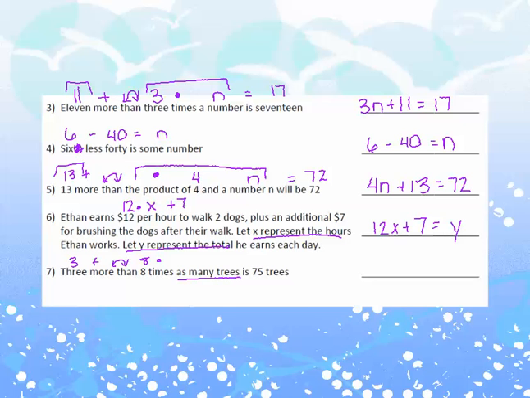Do we know how many trees? No, so we need a T. Is 75. Well, this is all one term here. This is a term. So that's what's getting switched. So 8t plus 3 is equal to 75. Okay? Alright. So your job is to finish the rest of the activities that are posted on the Promethean board for today.